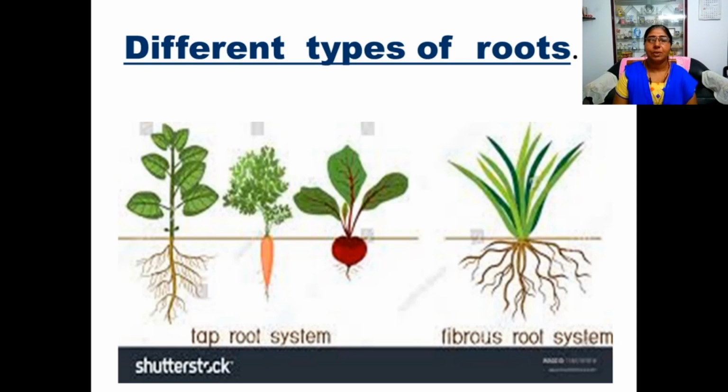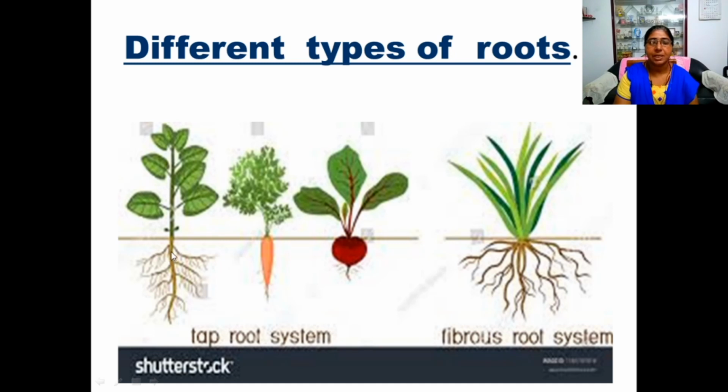When we look around us, we can see different types of plants. Big trees have long root. They grow downwards and absorb water and minerals from the soil. Here in this screen, you can see different types of plants having different roots.